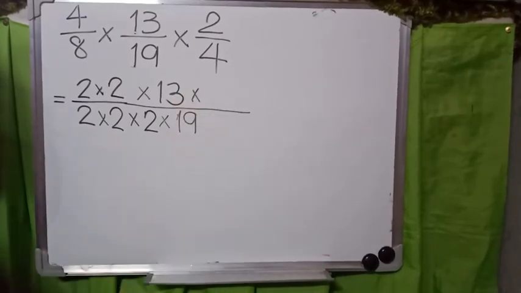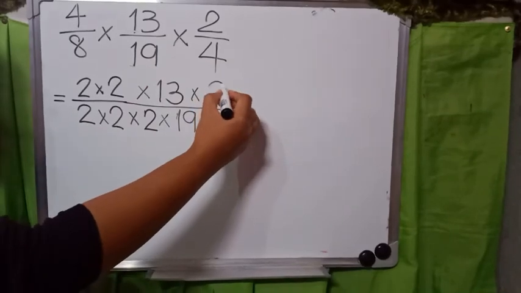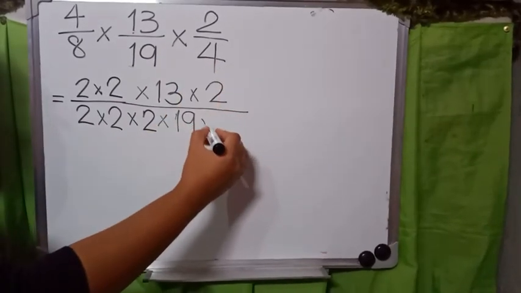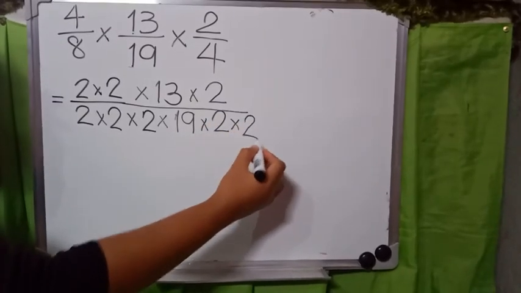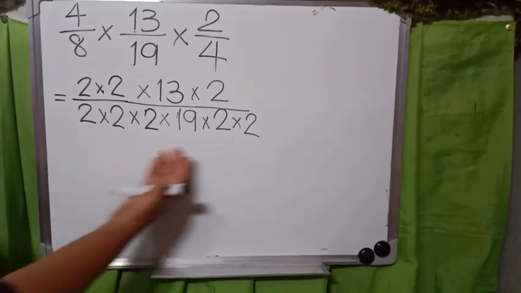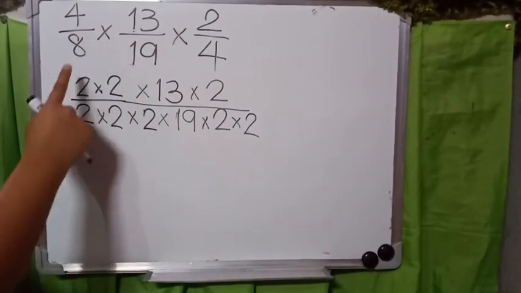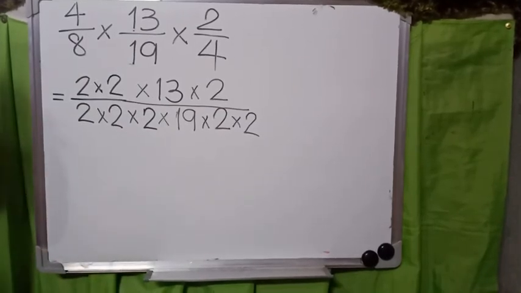Then how about 2? 2 is a prime number, so we'll just copy it here. About 4, that is 2 times 2.